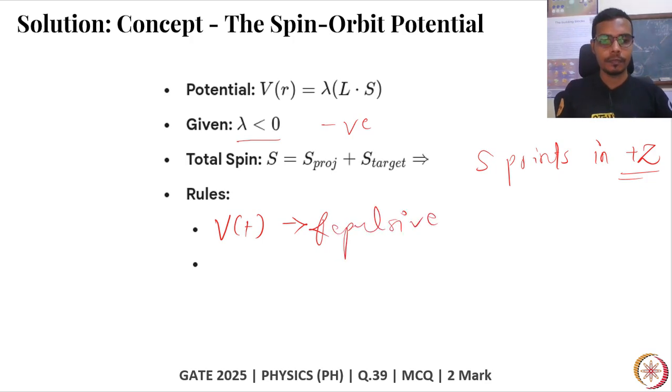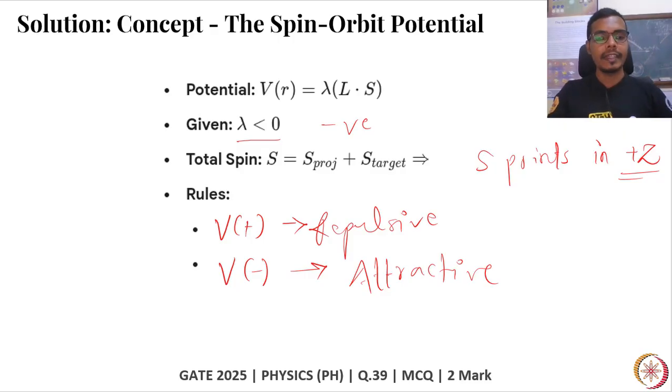And if V turns out to be negative, the potential is attractive, that means pulling the particles towards the target. So our entire task reduces to finding the sign of the dot product L dot S for each particle.